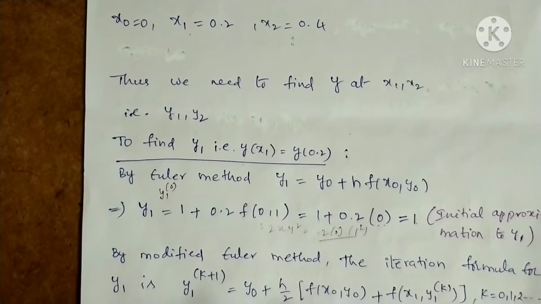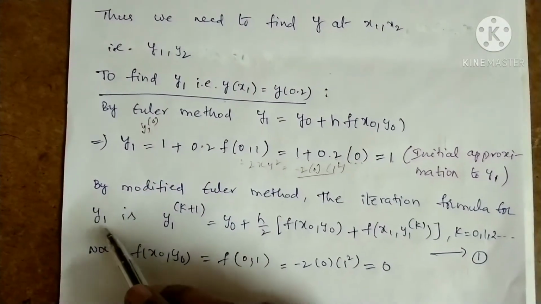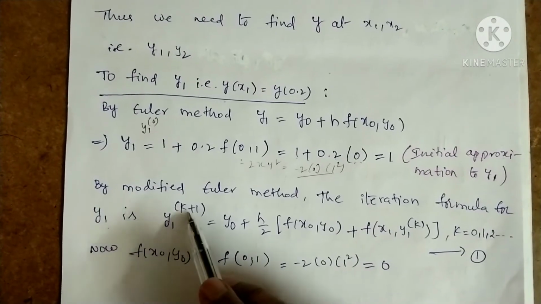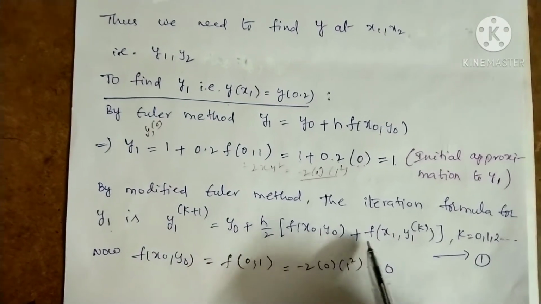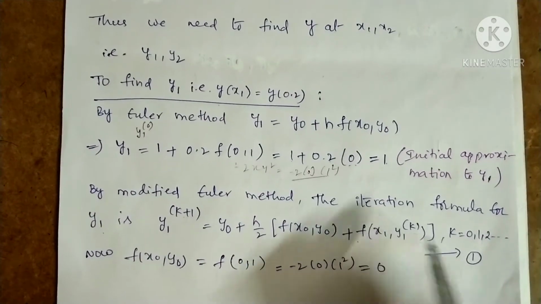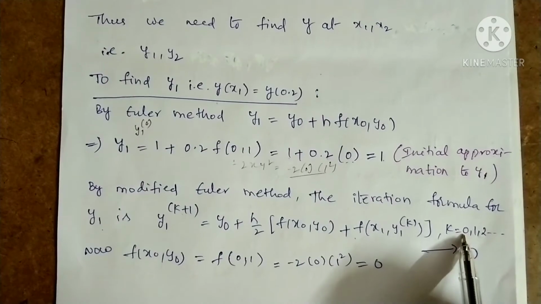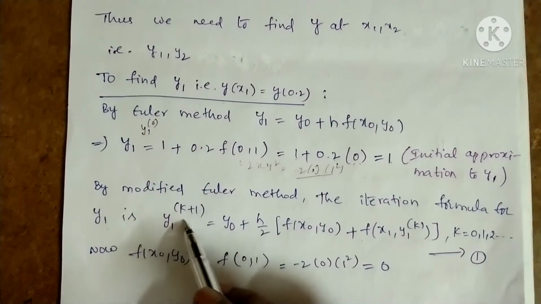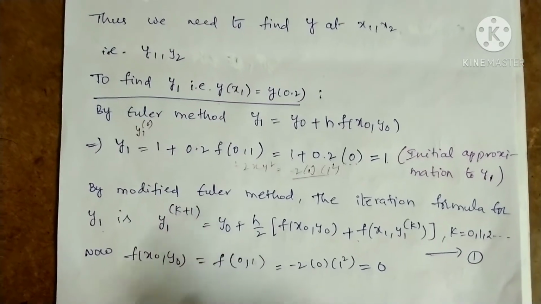Now this value is to be improved by the modified Euler method, for which let us take the iteration formula for y1: y1^(k+1) = y0 + (h/2) times [f(x0, y0) + f(x1, y1^(k))], where k takes values 0, 1, 2, 3 and so on. Let us give k equal to 0 to get the first iteration, k equal to 1 to get the second iteration, and so on.